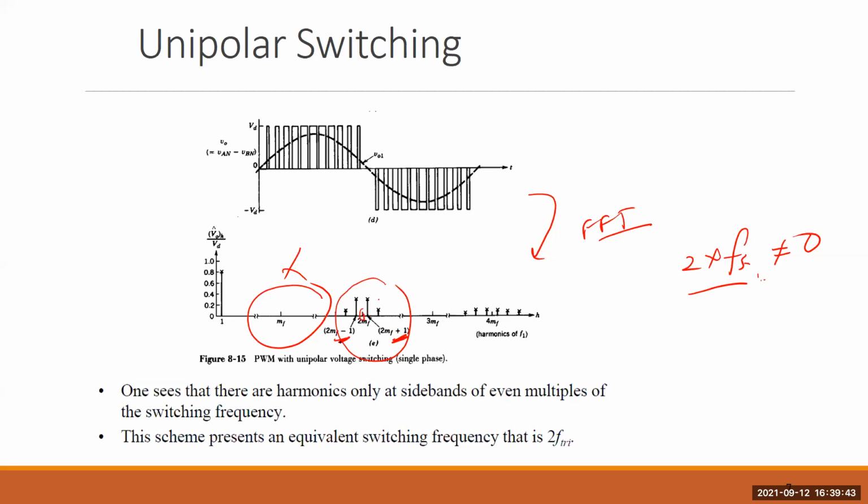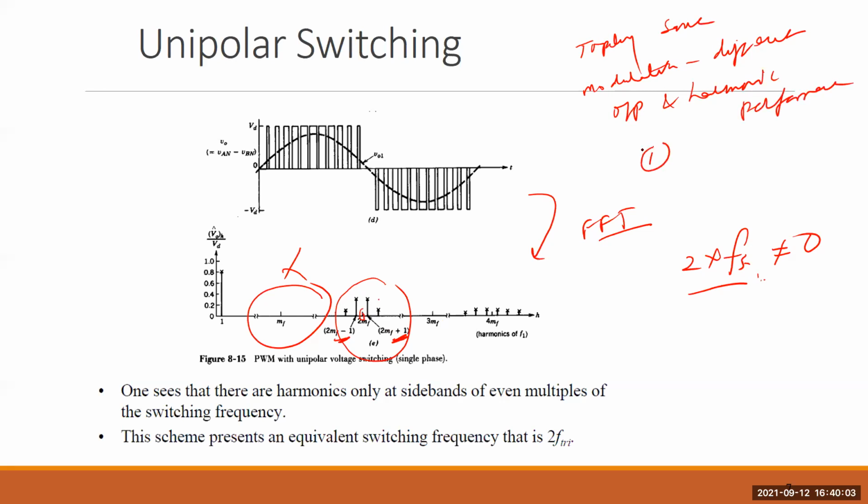Okay, so you can see that the topology is the same, right? Topology is the same, and basically the switching scheme is different and very minorly different. But you can see their output and harmonic performance is different. One thing is that in bipolar switching you have MF, and here in unipolar switching you have 2 MF.